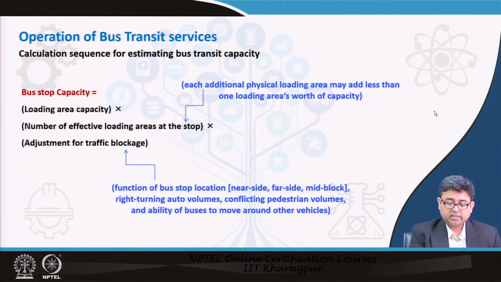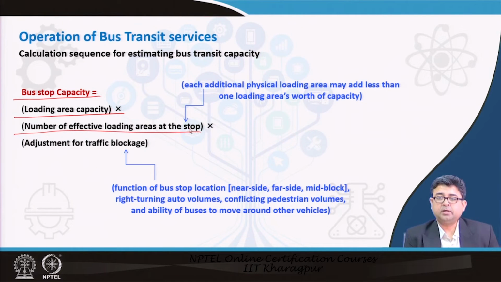ratio to find out. Similarly, bus stop capacity can be calculated by multiplying the loading area capacity that you have already figured out by the number of effective loading areas at that stop, right. There may be 2 loading areas, but one may not be available because of encroachment or some other reason, such as parked vehicles.